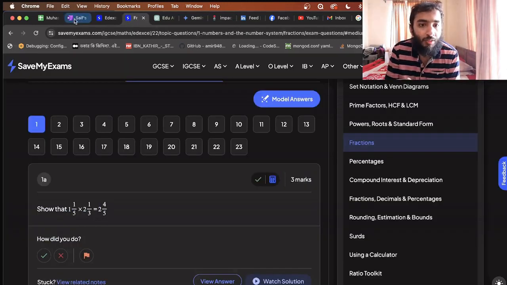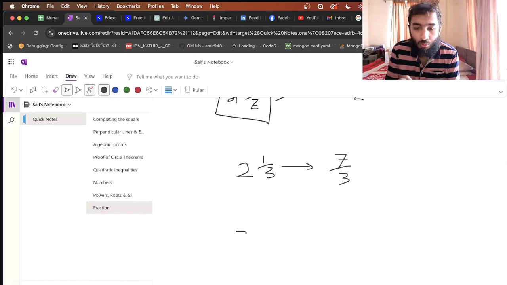2 4 by 5 is represented as 2 multiplied by 5 plus 4, which is 14 by 5.